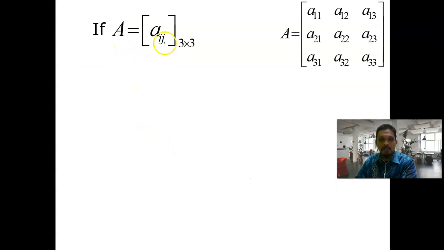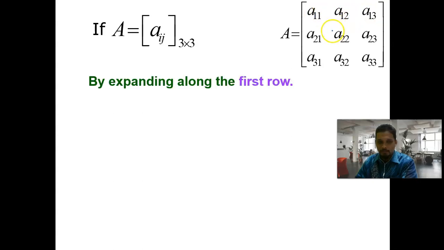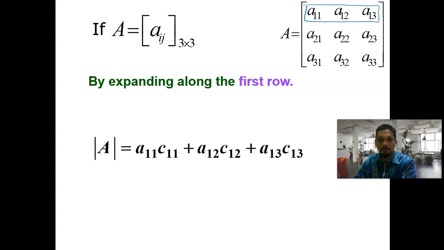So if A equal to the matrix of something like this, A11 and all here, by expanding along the first row, A11 here multiplied with the cofactor of 1, 1. A12 multiplied with the cofactor of A12 and A13 multiplied with the cofactor of 1, 3.